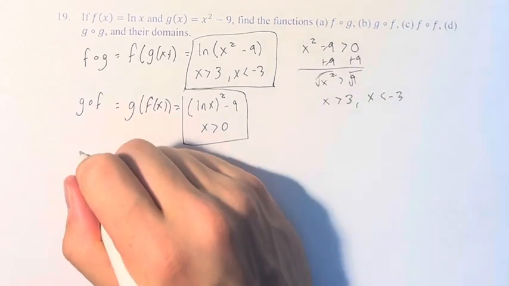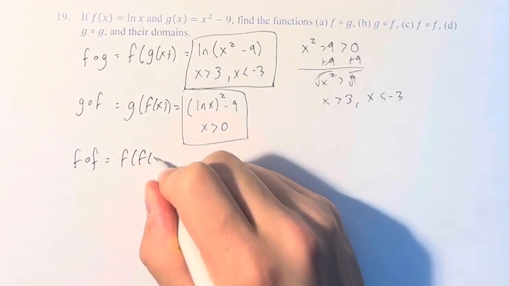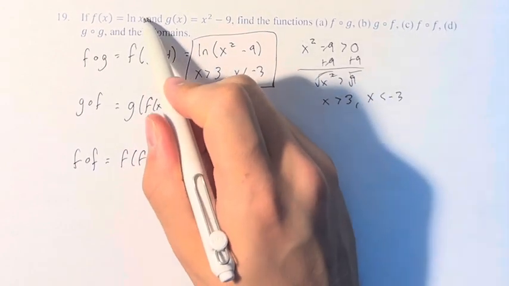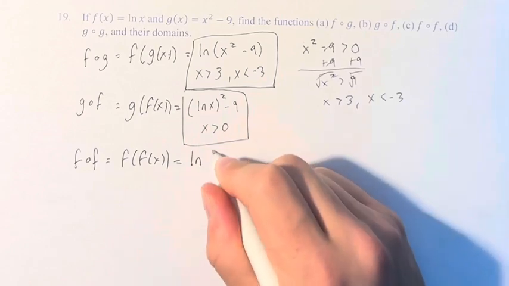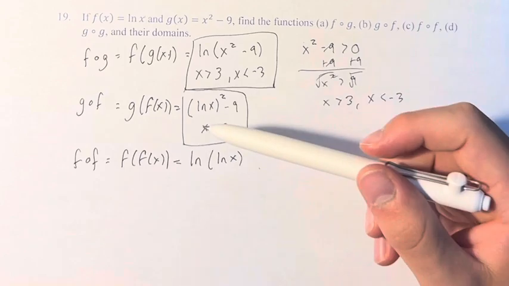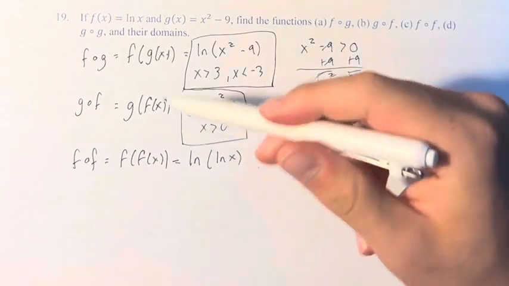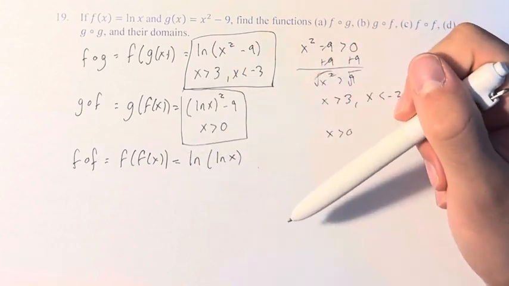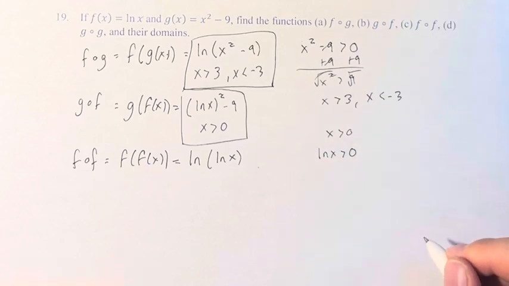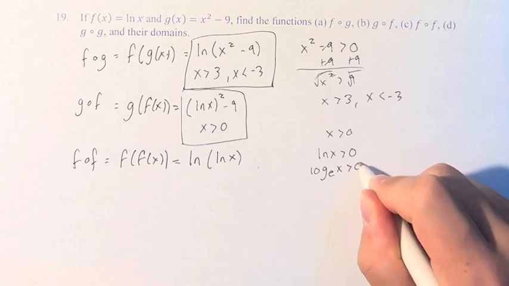Next we have f of f. This is equal to f of itself, f of x, meaning we have to plug in ln of x into x right here. It becomes ln of ln of x. So here we have two domain restrictions. x has to be greater than 0, just like before. But also what's inside this second natural log, ln of x itself, has to be greater than 0. ln is log base e of x.